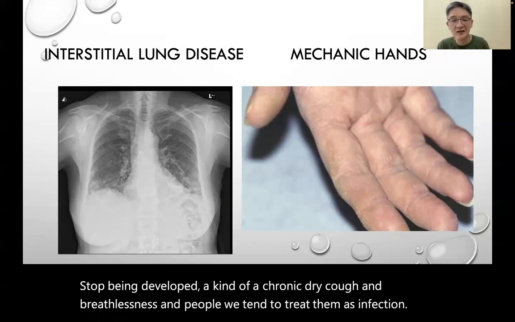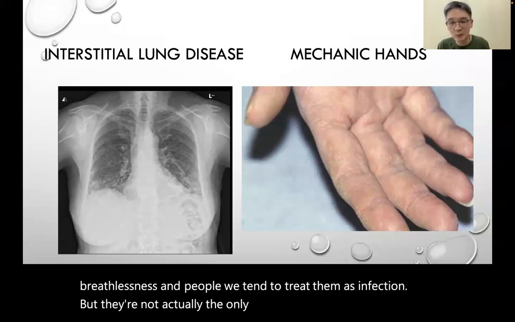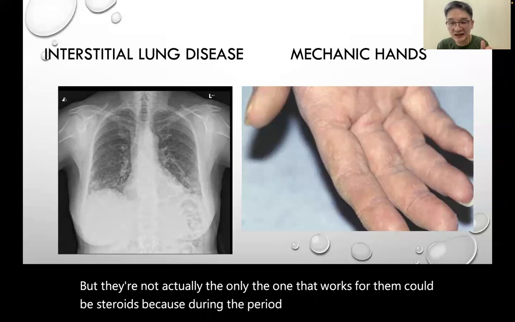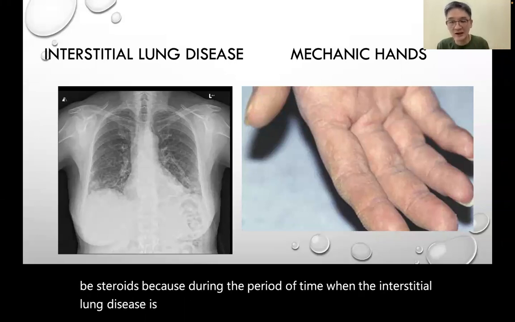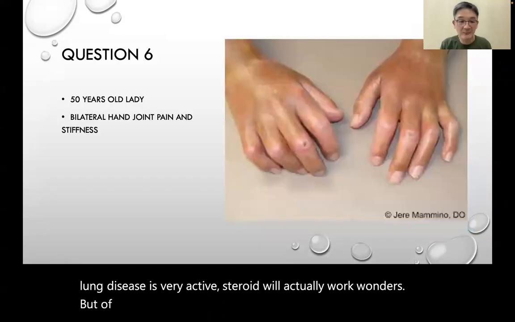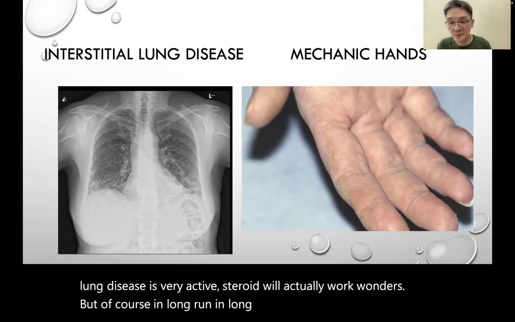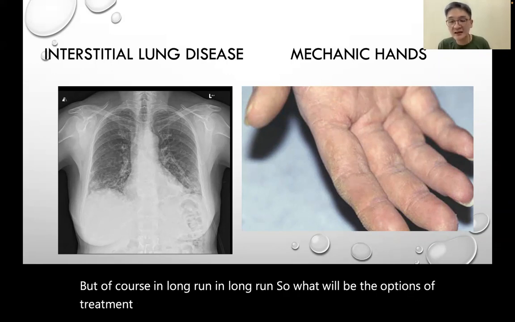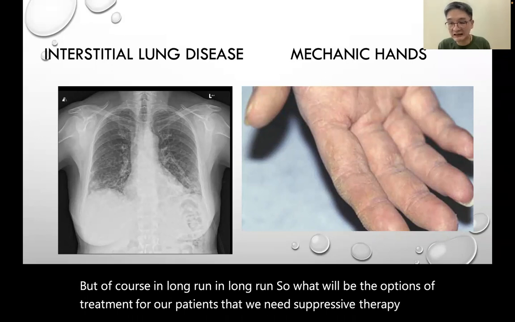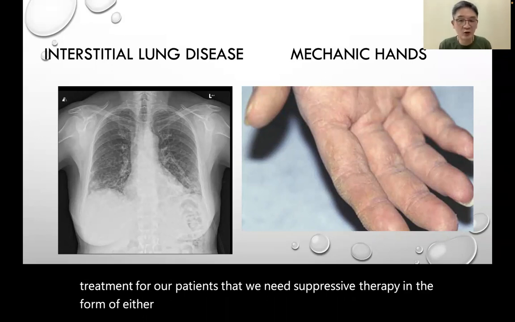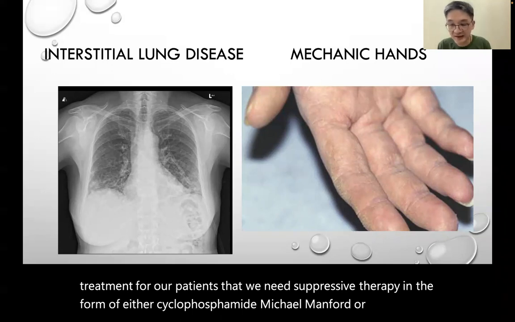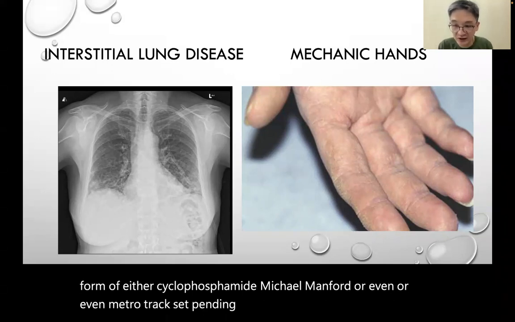But it turns out that the one that works for them is steroids, because when the interstitial lung disease is very active, steroid will work wonders. But in the long run, what are the treatment options for these patients? They will need immunosuppressive therapy, in the form of either cyclophosphamide, mycophenolate mofetil, azathioprine, or even methotrexate, depending on the decision of the treating physician.